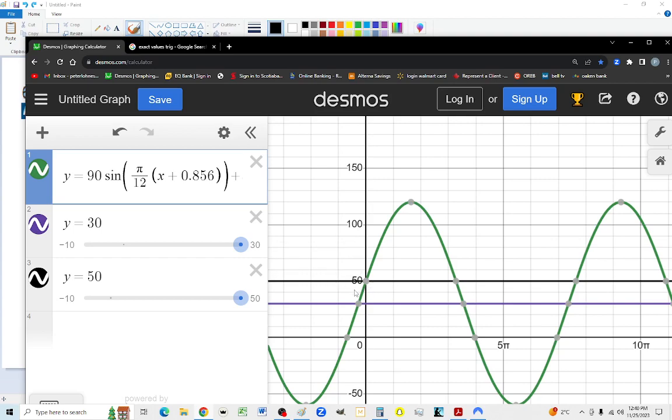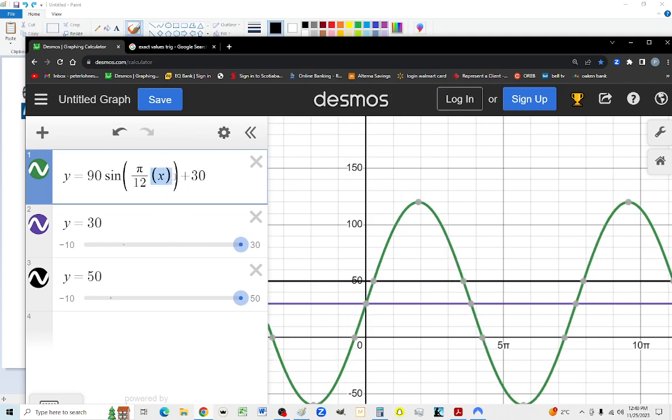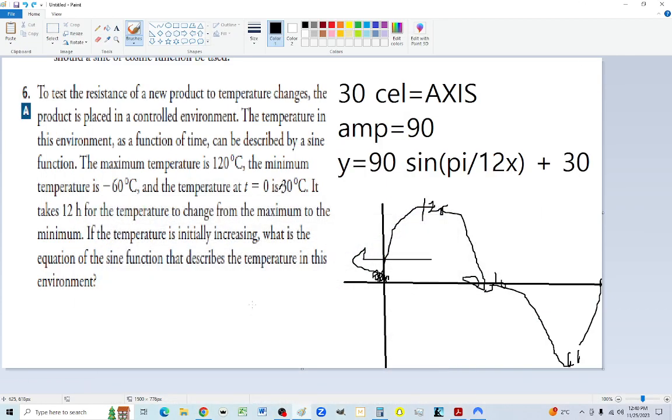You'd have to figure out how much X value to shift to get to 50. You'd have to put 50 over here, and then figure out your X, and then use that as a translation. But in this case, they've simplified it for us.